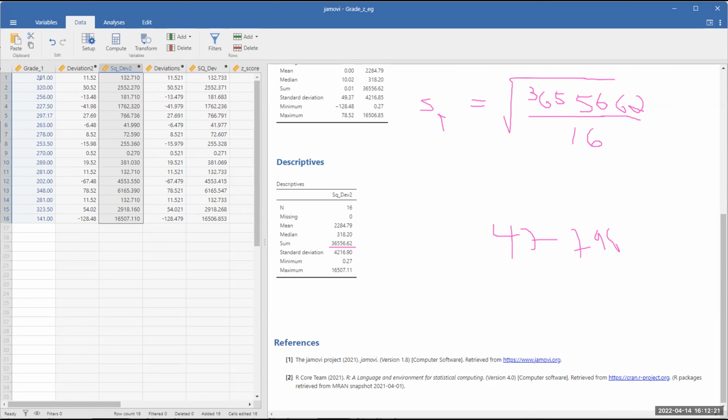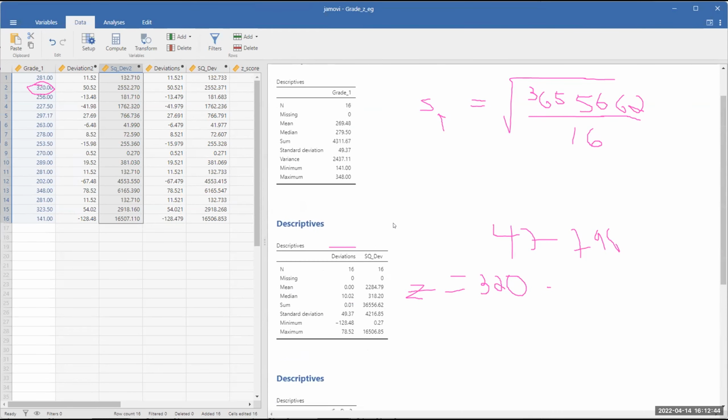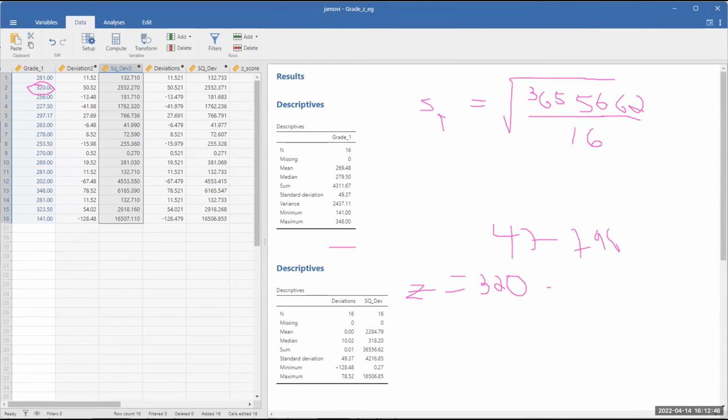You find, for example, if we had your score being this. Okay, so if we want to get your z score, we have to do your personal z. Let's pretend your score is 320, all of you guys. Okay. Minus the mean of x. So we have to go back up here and see grade 1 mean. So here we go, it's right here.